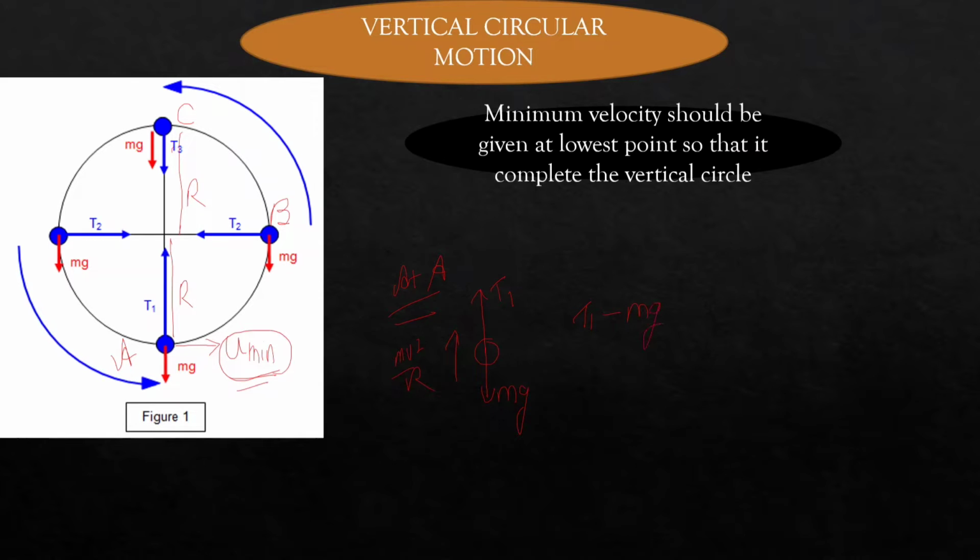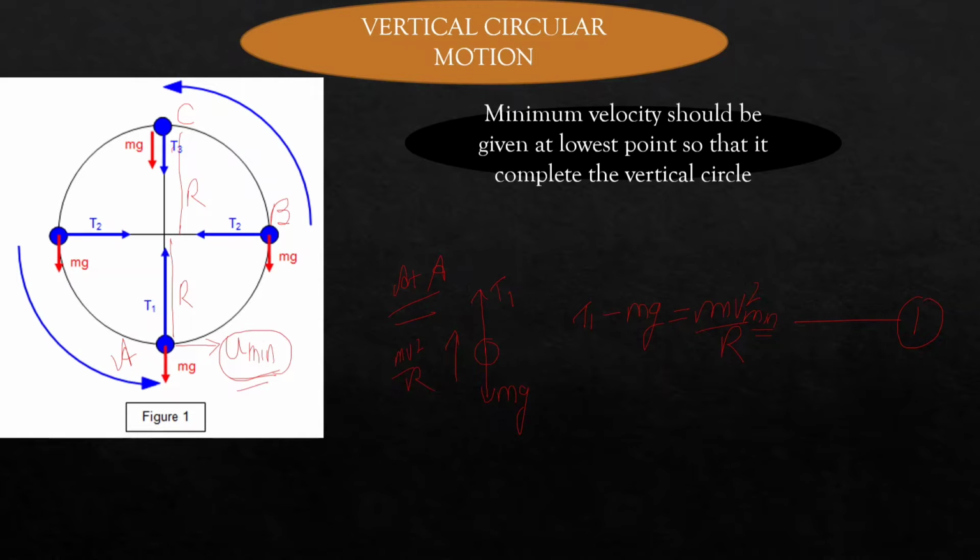Then the equation is T1 minus mg equals mv square upon r, and this v is the v minimum because that velocity is given at point A. So the FBD at A includes the v minimum: T1 minus mg is equal to mv square upon r.